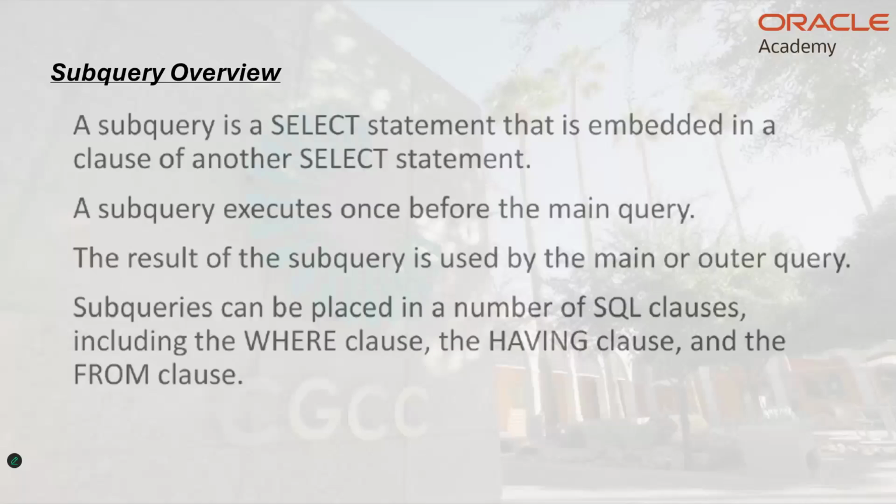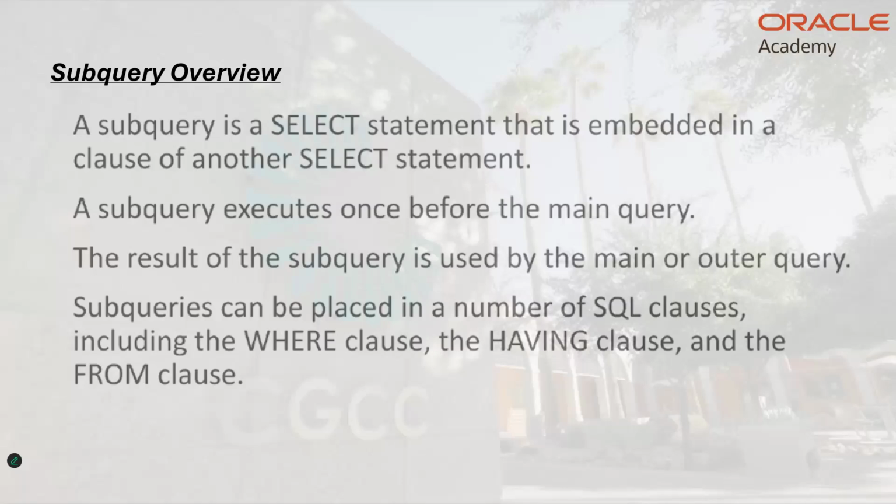So, an overview: the subquery is usually a select statement, where you're selecting something from the data that you know that's embedded in a clause of another select statement. So it's a select statement that's embedded. You'll see here when we come to the examples.